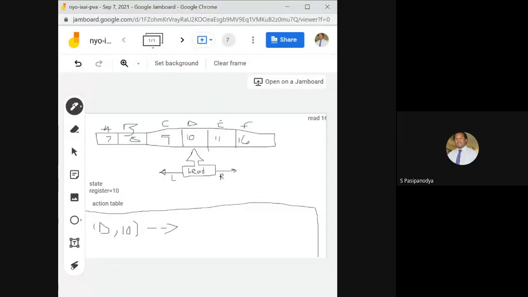Right. And what then becomes the new state? New symbol. F16.